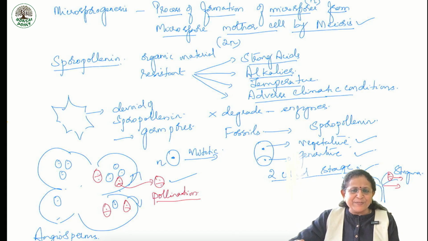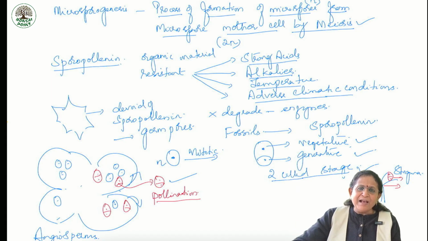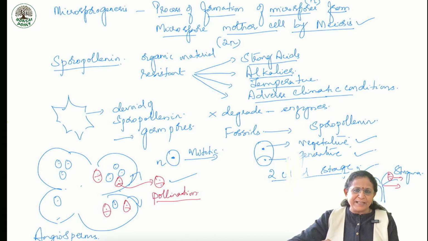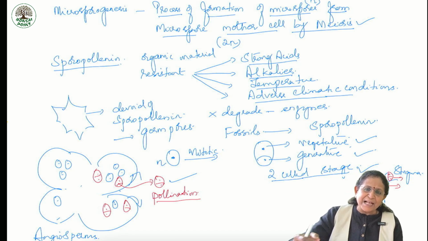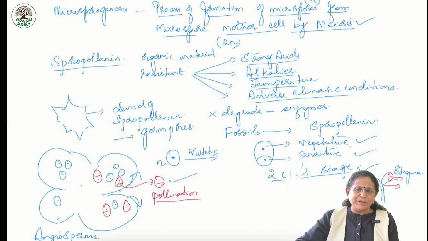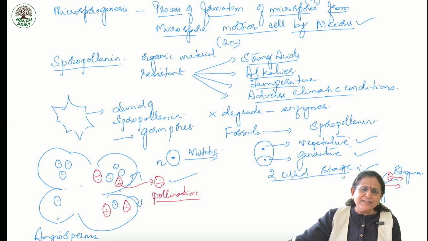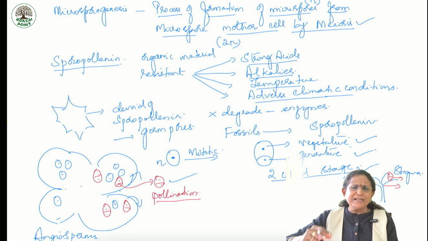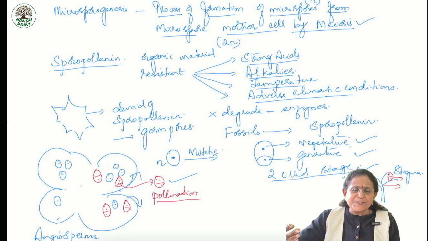In other words, we say stigma receives the pollen grain. If not, if it is not of the same species, it rejects the pollen grain. So, what do you mean by accepting, receiving the pollen grain? This pollen grain will undergo further development on the stigma. So, two cell stage pollen grain becomes what?